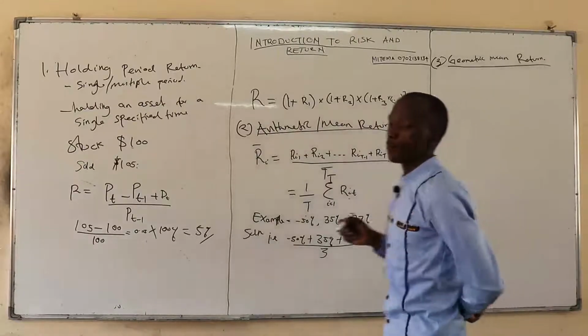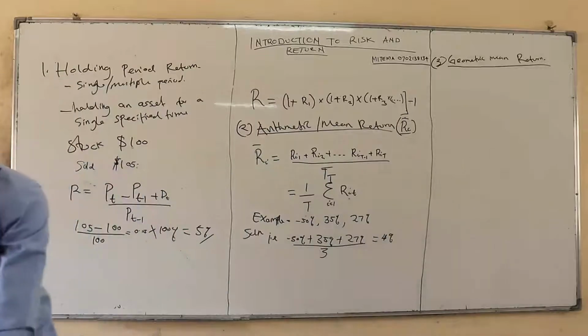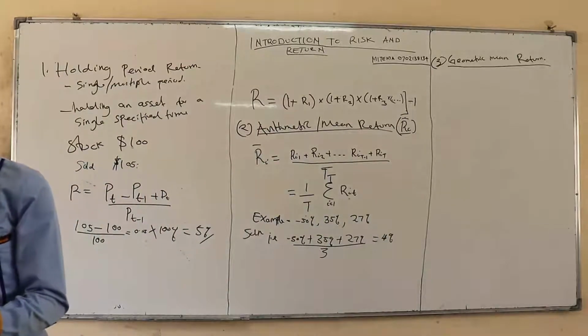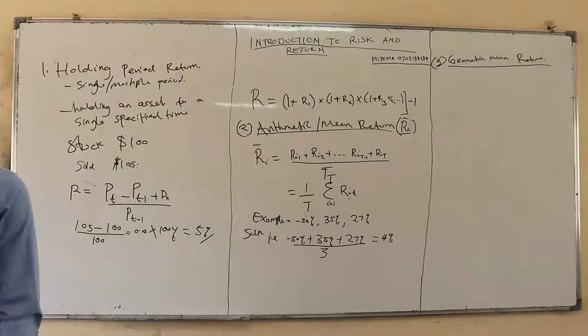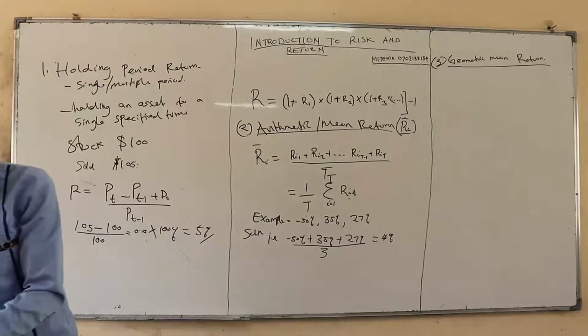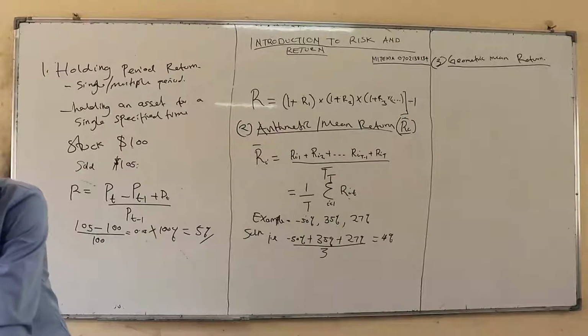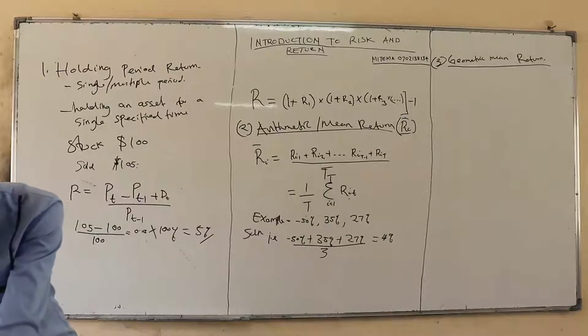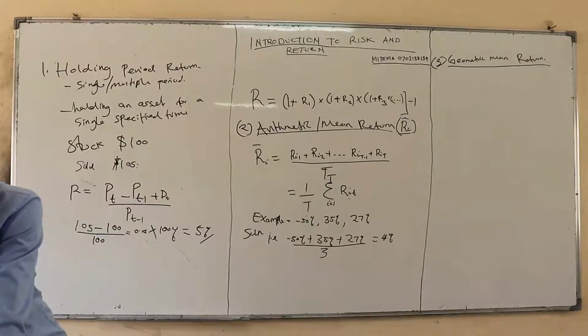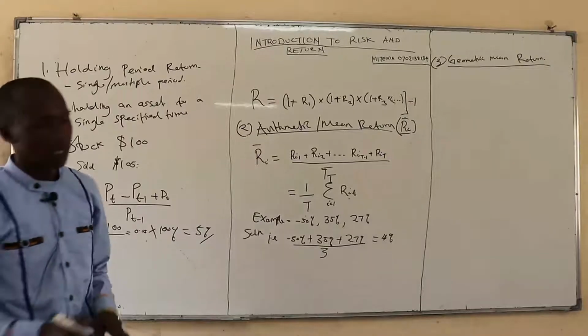A geometric mean return assumes that the investment amount is not reset at the beginning of each year, and in fact accounts for the compounding of returns. So the geometric mean return reflects a buy and hold strategy, whereas arithmetic reflects a constant dollar investment at the beginning of each time period.